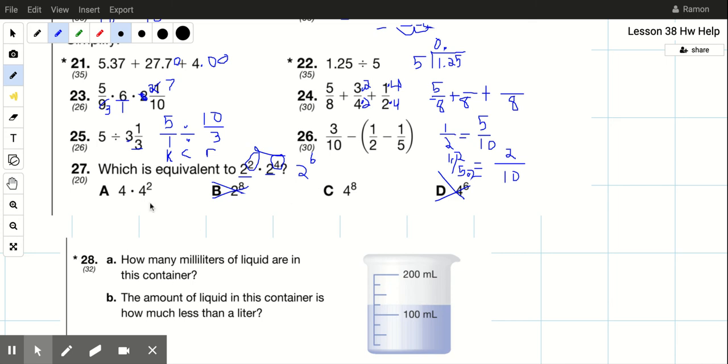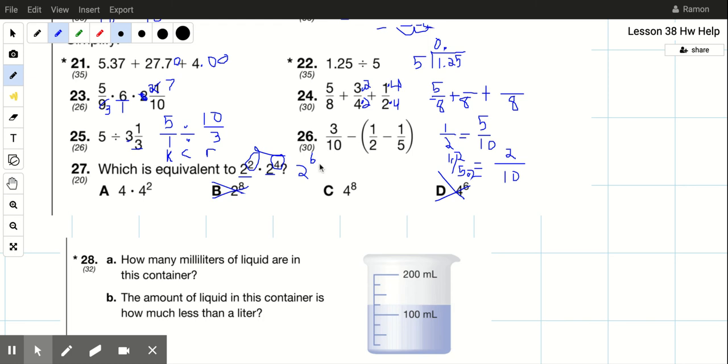So here's the thing with C. I'll get to why this works in a second. But even if you didn't really know which one the answer would be, we just have to think about this logically, right? 4 is a larger base than 2. 8 is a larger exponent than 6.